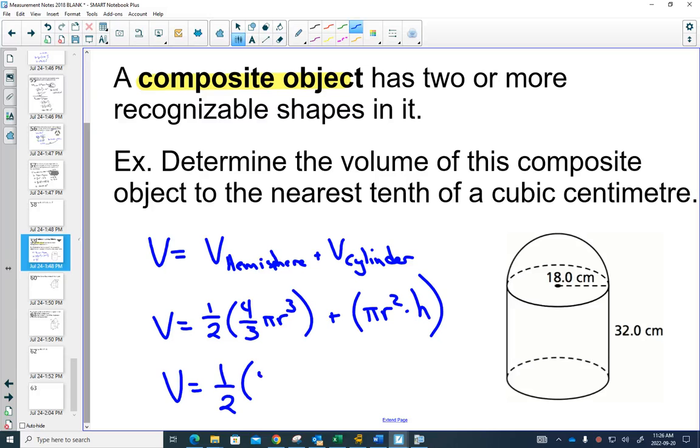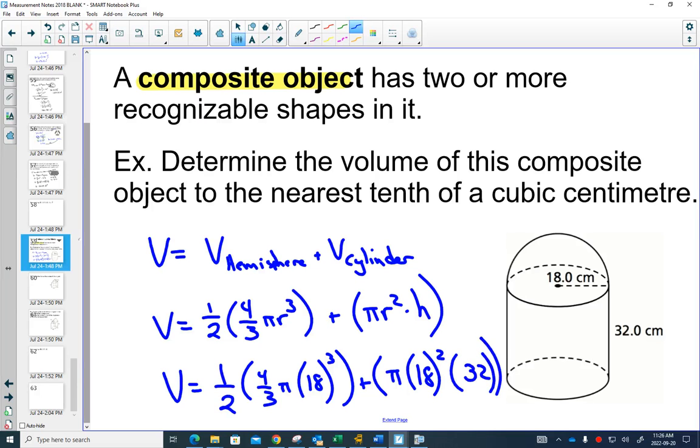We have 1/2, 4/3 pi, the radius is 18 cubed, plus pi, the radius is 18 squared, and the height is 32. You can plug all of those things all at once into your calculator.